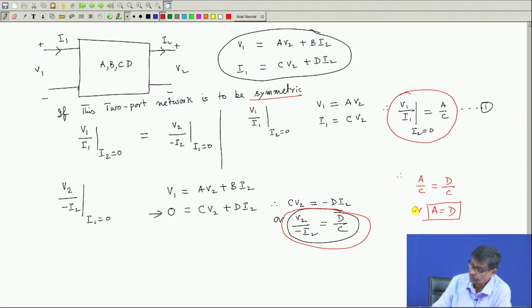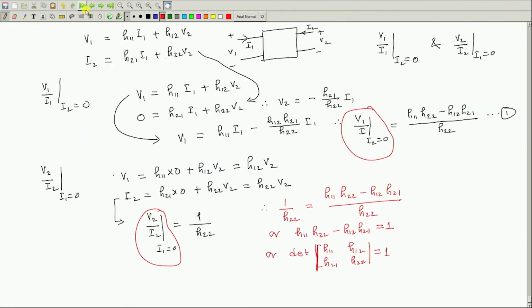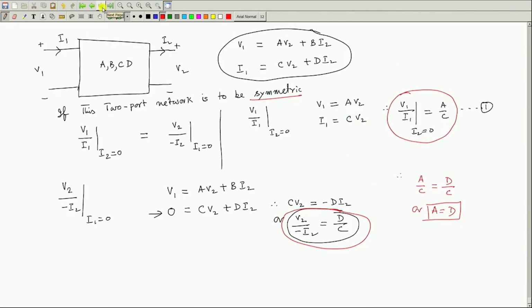So, for a two port network to be symmetric, if it is expressed in terms of impedance matrix, Z11 should be equal to Z22, Y11 should be equal to Y22, and if it is expressed in terms of H parameters, then the determinant of H matrix should be equal to 1, and if it is expressed in terms of ABCD or T parameters, then A and D should be equal. So, this is about the symmetry.